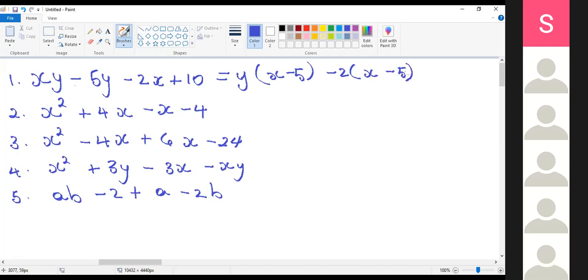X minus 5. Anybody didn't get that or don't understand how we got that? So I can explain it. All right. I don't understand. You don't understand. Tell me where or what you're not getting quite.